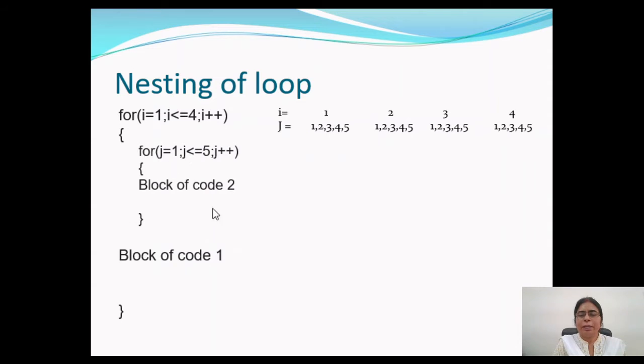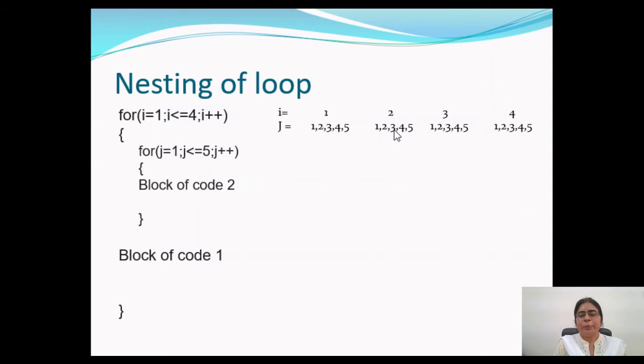So the inner loop will execute 5 times for every iteration of i. We have fixed it because of these conditions.